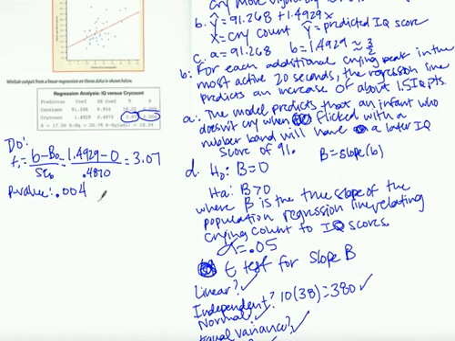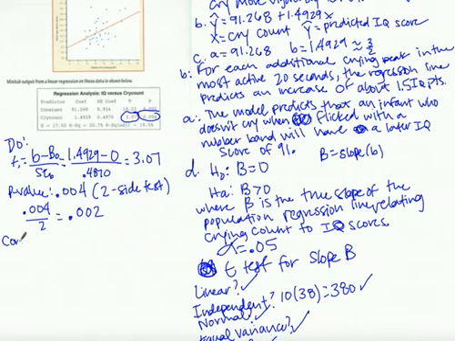But this is your p-value if this were a two-sided test. Yours is not a two-sided test because you were looking at when beta was greater than 0, which just means it's a one-sided test. So basically, if this is for a two-sided test, you would take this value and divide it by 2, and that would give you your value for a one-sided test. So your p-value would be 0.002.